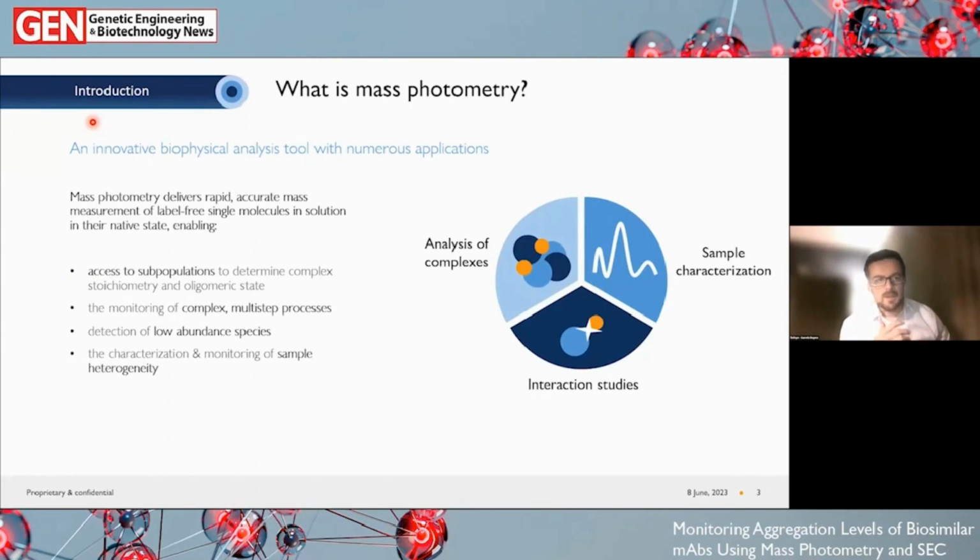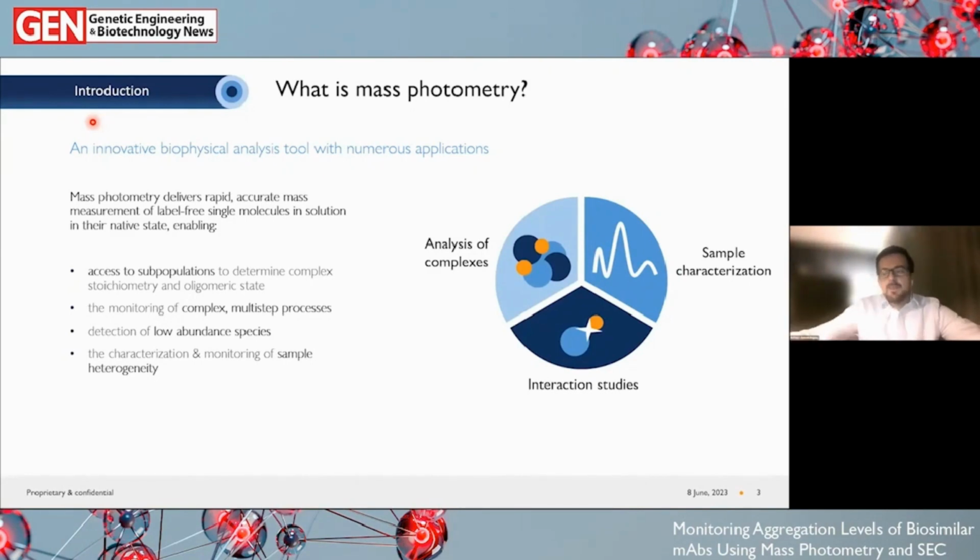So that means you don't have to do a massive amount of sample preparation before you can start having a look at and characterizing the samples that you're interested in studying. And you can look at your molecules of interest in solution, and as I said, in their native state.